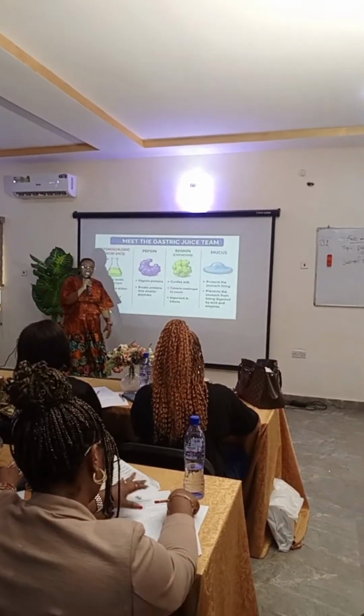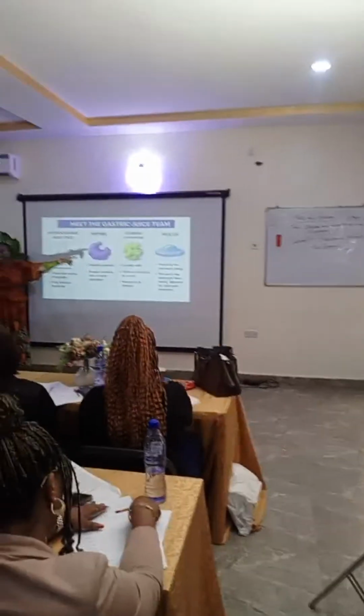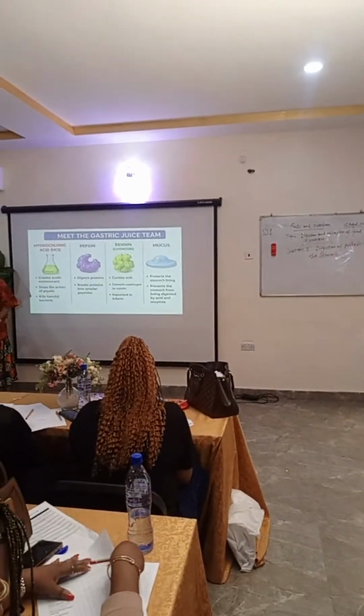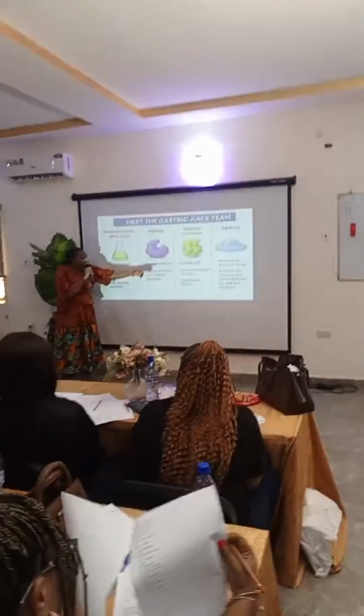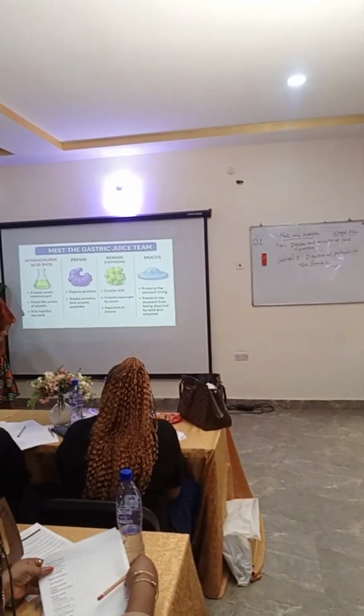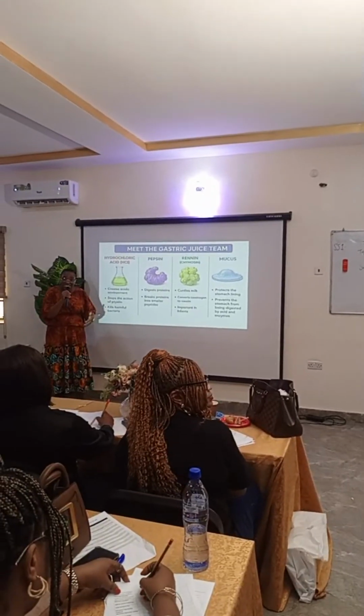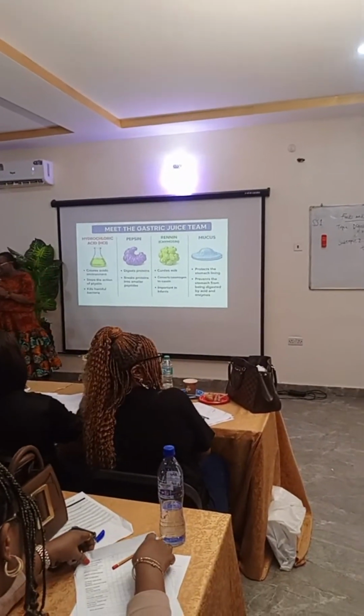Now mucus, this guy is the bodyguard. Without this guy, there will be problem in your stomach. Number 1, it protects the stomach lining. Number 2, it prevents the stomach from being digested by acid and enzyme.